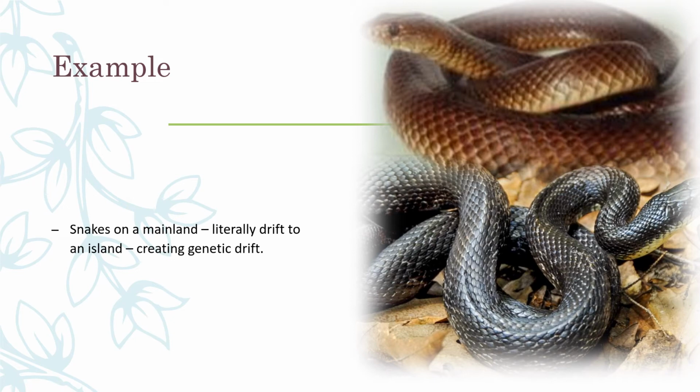On the continent and on the mainland, the soil is rich and fertile and dark. So the majority of the snake population there is dark brown because they blend in easier with the dark soil and the bird of prey cannot see them as easily.